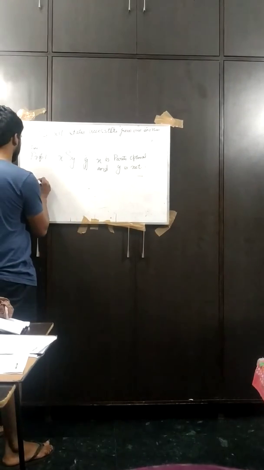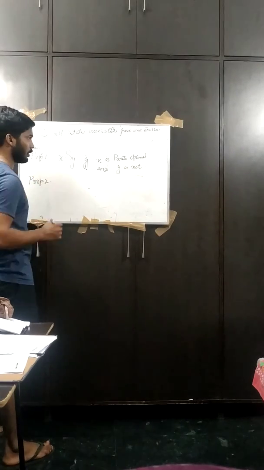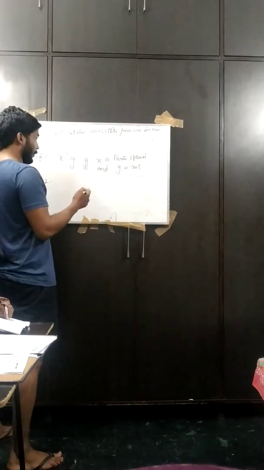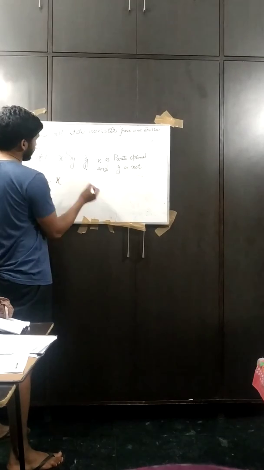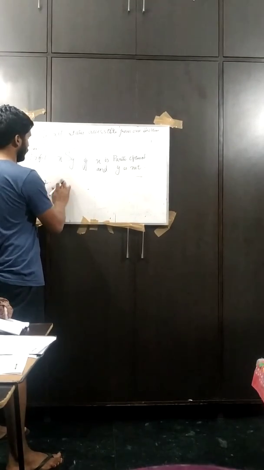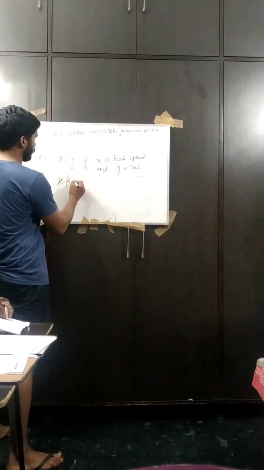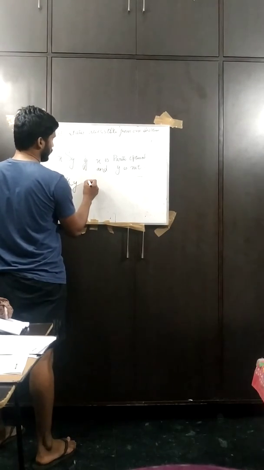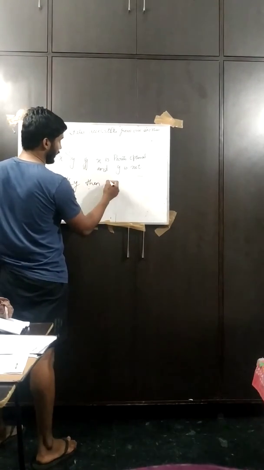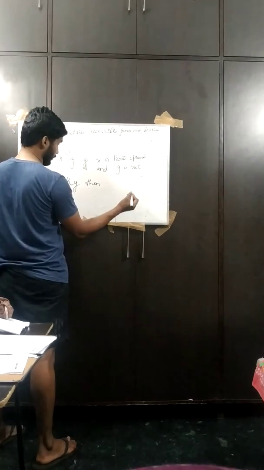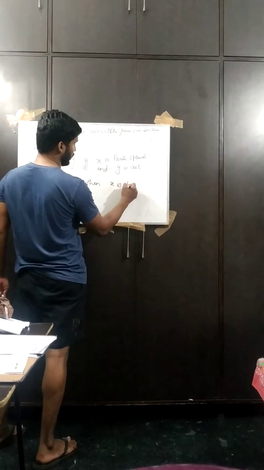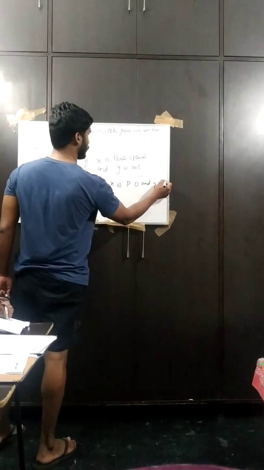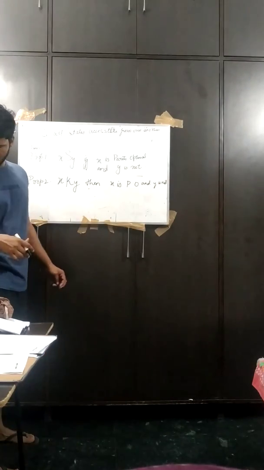Another, proposition 2, is very important to note. Proposition 2 tells us that if x is Kaldor superior to y, then it must be the case that x is Pareto optimal and y is not.